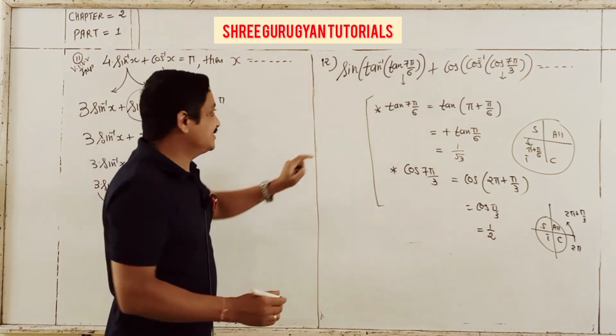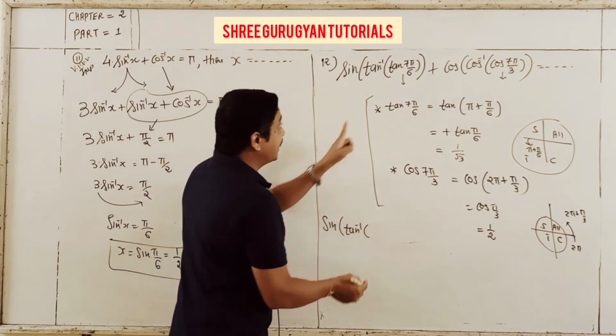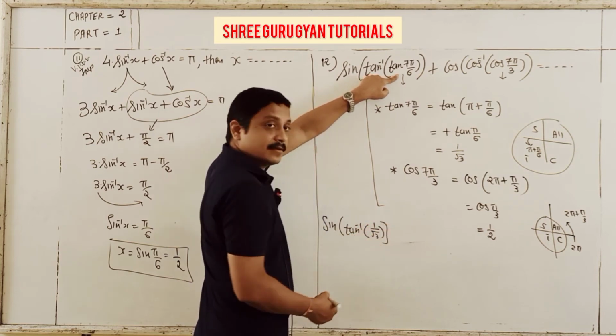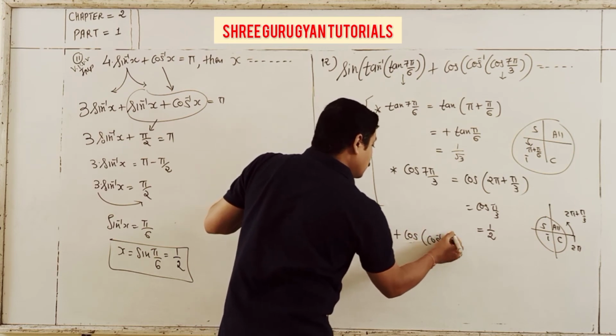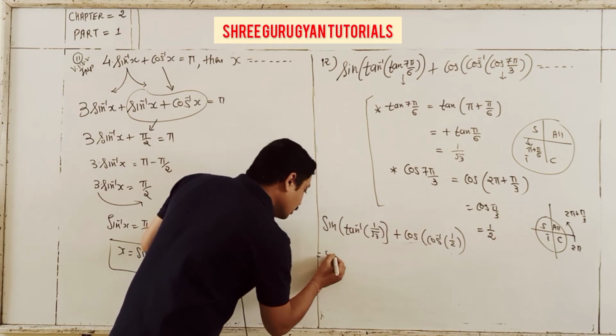Now it is very easy: sin of tan inverse, which I know already is 1 by root 3. Similarly, cos inverse, which I also know.